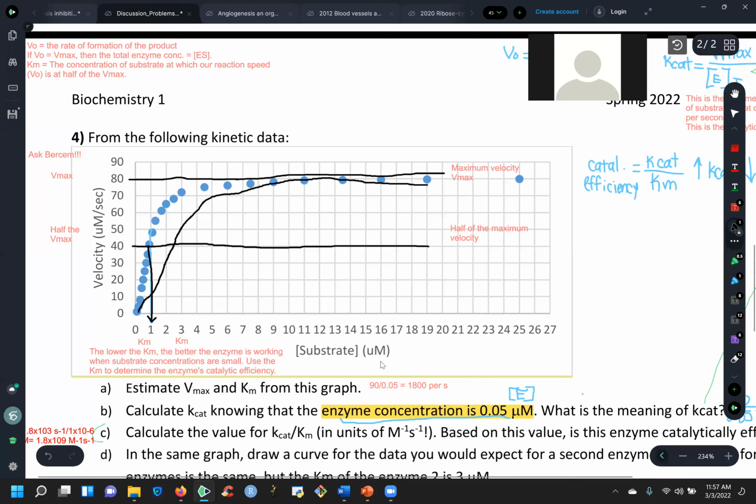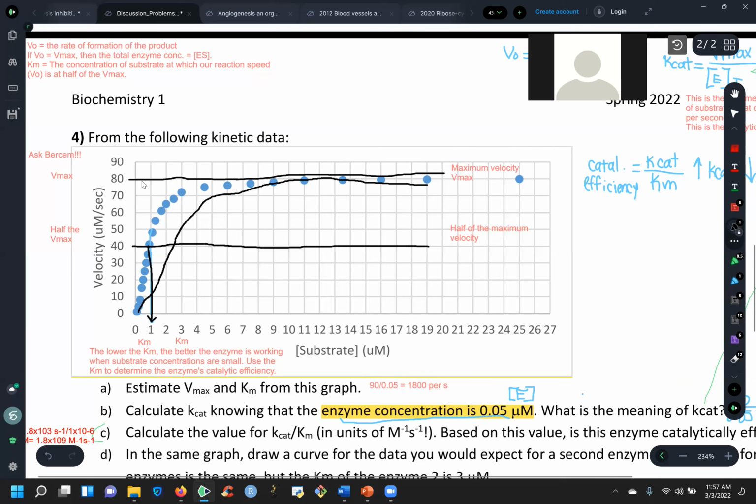So terminology. X-axis is substrate concentration, usually in micromolar, sometimes in nanomolar. And then on the y-axis, we have velocity in either micromolar per second or nanomolar per second. And then they will give us a line, and then they will tell you, find the maximum velocity. Super easy, just bam, right there. 80 micromolar per second.